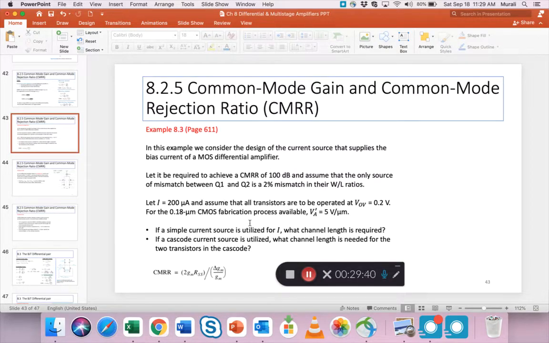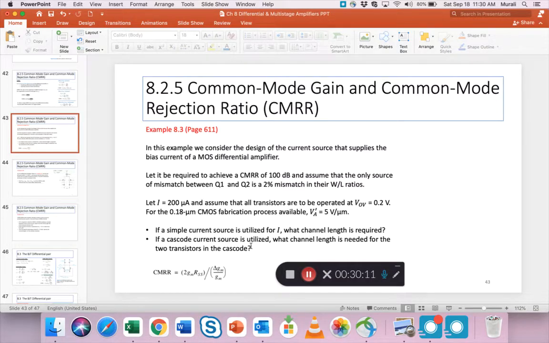And towards the end, the two questions that are important to ask: I guess it's all about the channel length, right? Find L. That is the most important thing. If only a simple current source is utilized for L, what channel length is required?